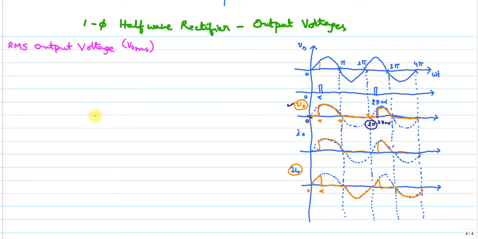Now let us solve RMS output voltage. So first the formula is like this: V naught RMS is equal to square root of 1 by T integral 0 to T f square of t dt.